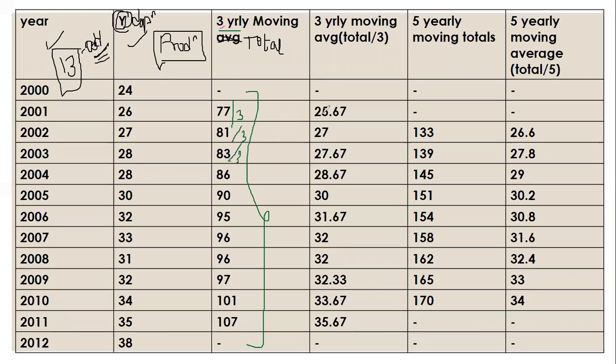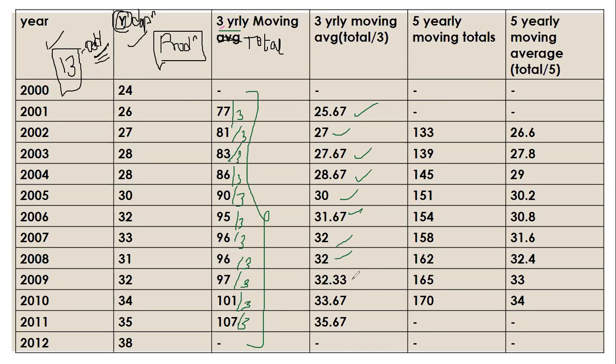So 77 by 3 will give us 25.67. 81 by 3 is 27. 83 by 3, 27.67. 86 by 3, 28.67. 90 by 3 is 30, and so on. So each and every number we are going to divide by 3.